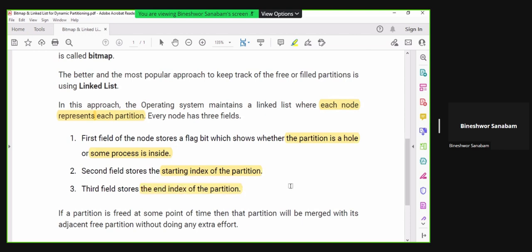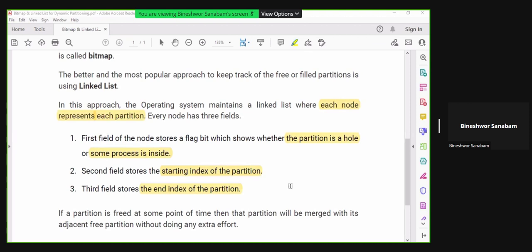So in this linked list we have the information of whether the partition is free or whether it is occupied by some process. Second, the starting index of the partition. Third, the end index of the partition.